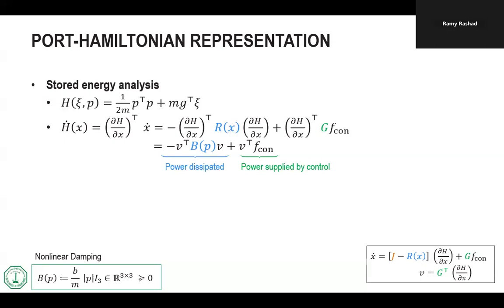This is always positive, so this term is always less than or equal to 0. While the G always appears like this, and you can flip it and rewrite it as V transpose F, which is the power supplied from outside. No matter how complicated the system was, even if J, R, and G were functions of X, you will get exactly the same result. This is very powerful for dealing with nonlinear systems in this way.